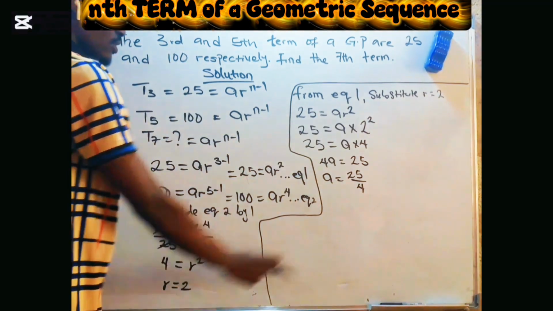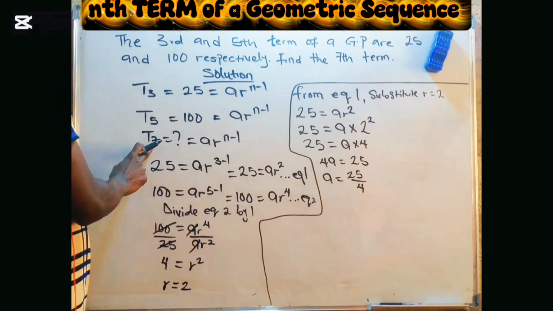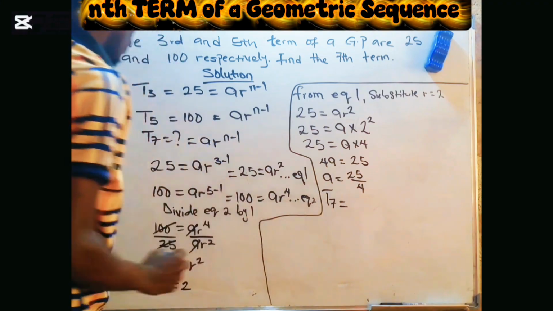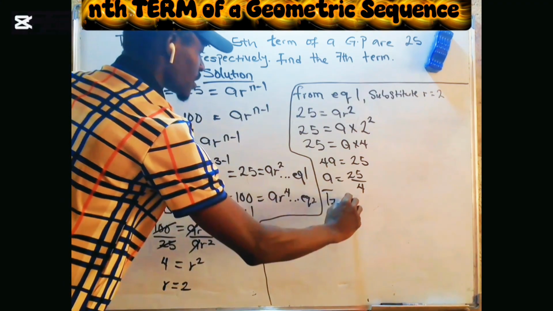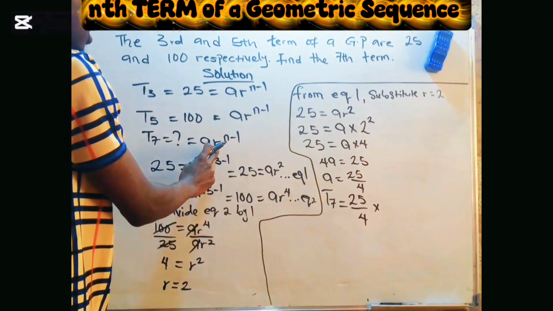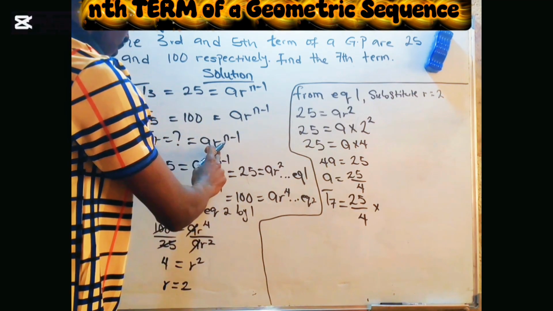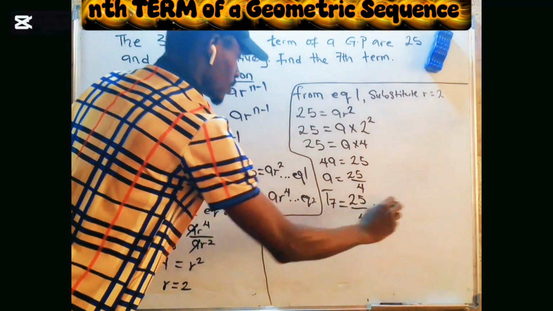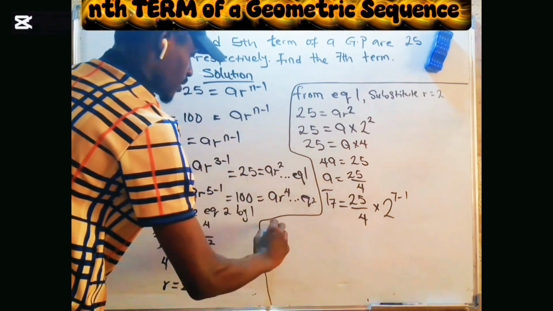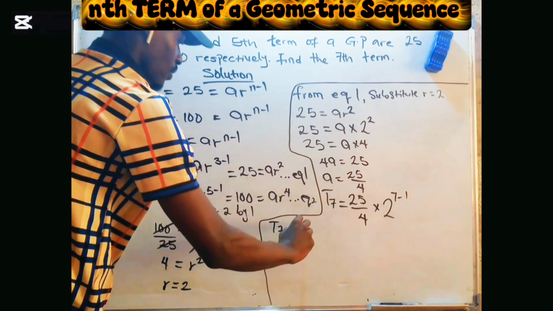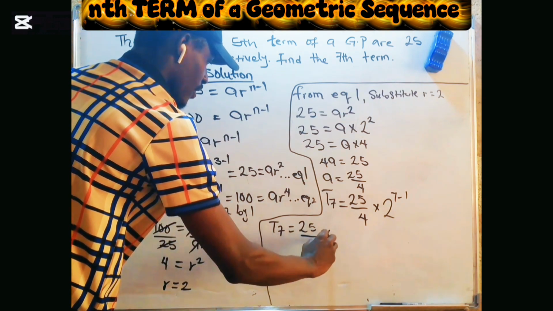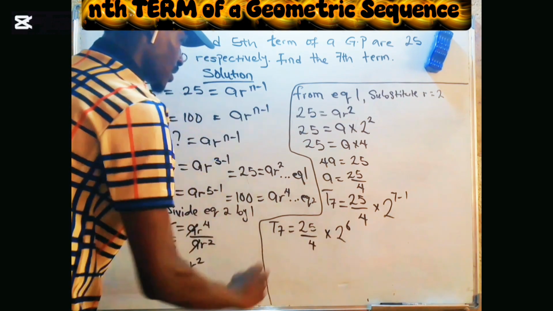Now we've gotten R, we've gotten A, we can now find T7. Therefore, T7 will be equal to A, which is 25 over 4, times R, which is 2, raised to n minus 1, which is 7 minus 1. So T7 is equal to 25 over 4 times 2 raised to the power 6.